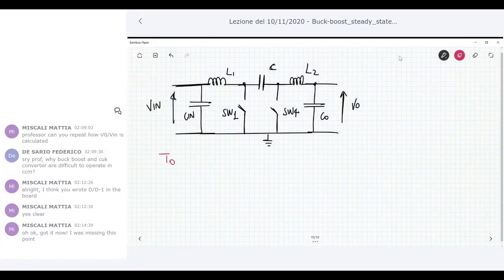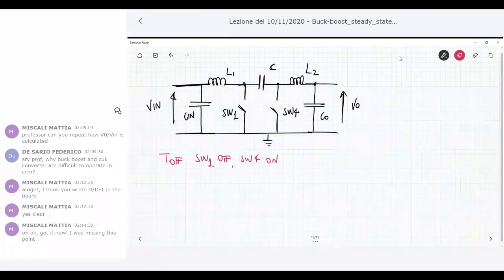What happens during the time interval that I can call T on? Let's start with T off, which is a better description. T off means that switch 1 is off and switch 4 is on.